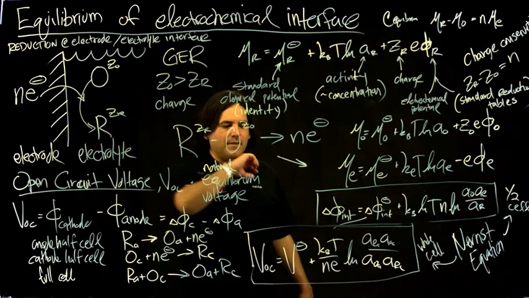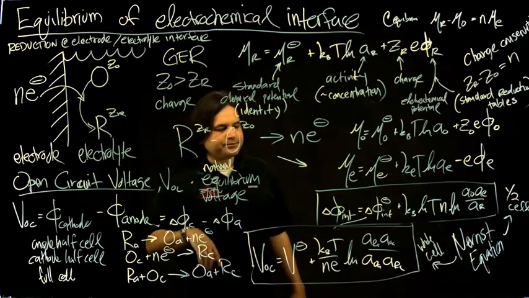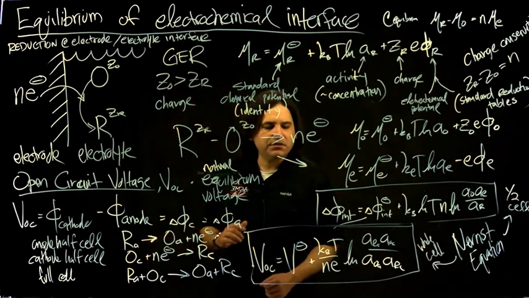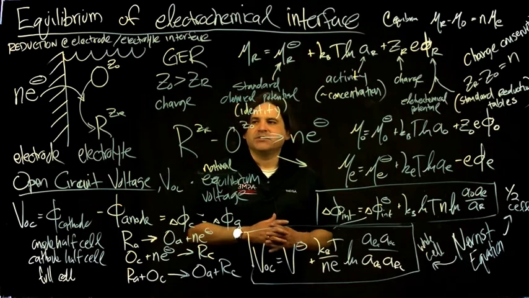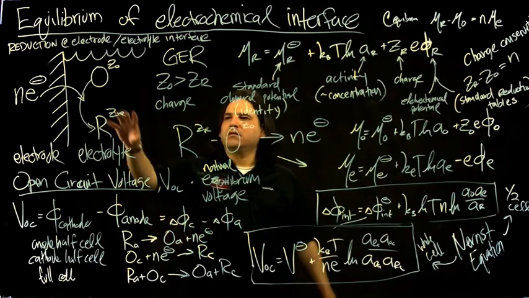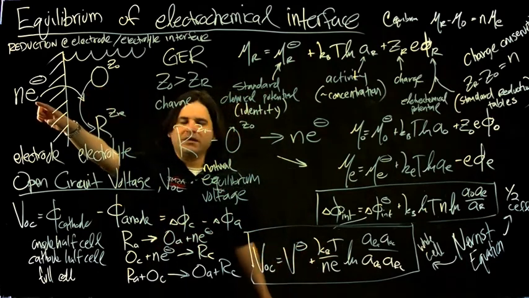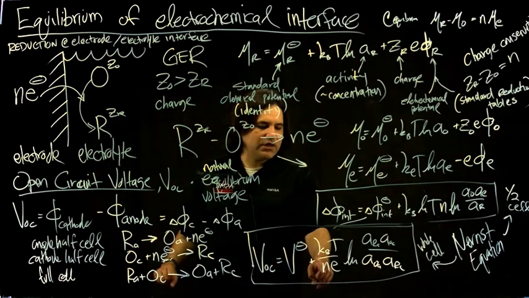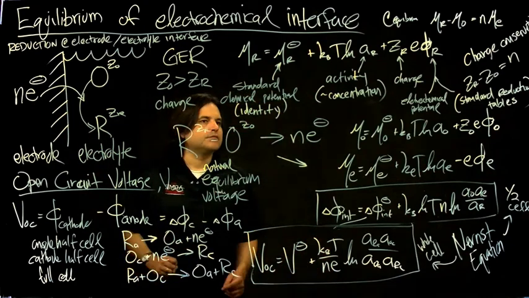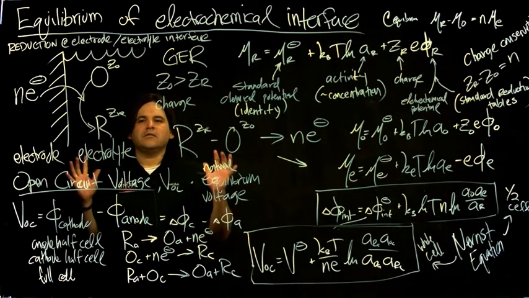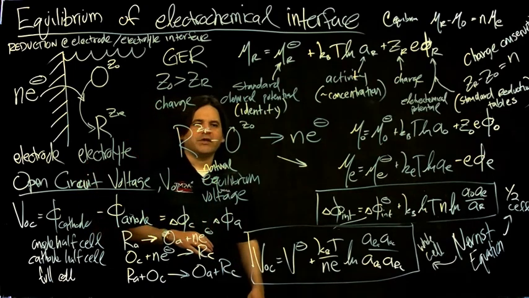That's what these are here. And the temperature, of course. And this specific reaction that you define, whatever the identity is, you have to balance out the number of electrons going in and out. Okay, so that's the Nernst equation.